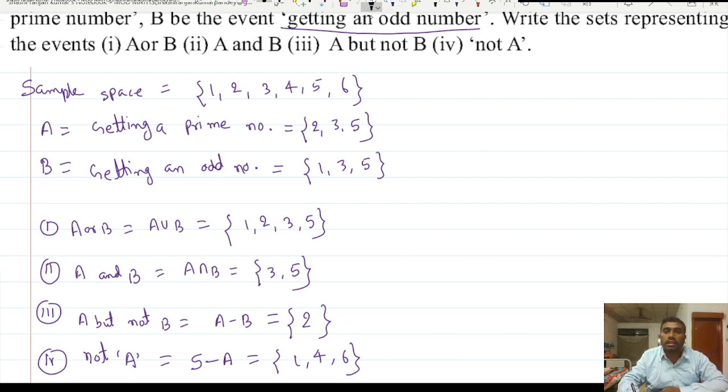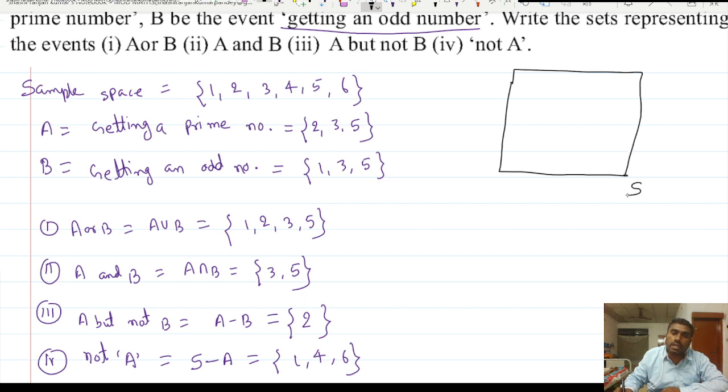If I can show you very quickly using the Venn diagram also, let us see. This is the sample space whenever we are throwing a dice. Here we have 2 events, events A and B. This is our event A and this is our event B. Event A has the numbers 2, 3, 5, and 3, 5 is also in B. Let us first write the common points, that is 3 and 5 in the common space.